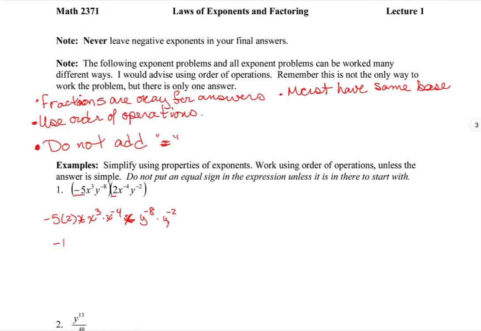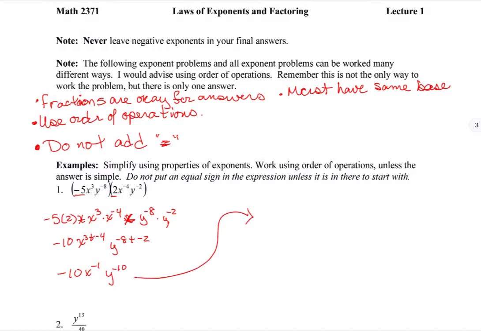So this is -10 x, I add these two, to the 3 plus -4, y to the -8 plus -2. So this is -10 x to the -1, y to the -10.